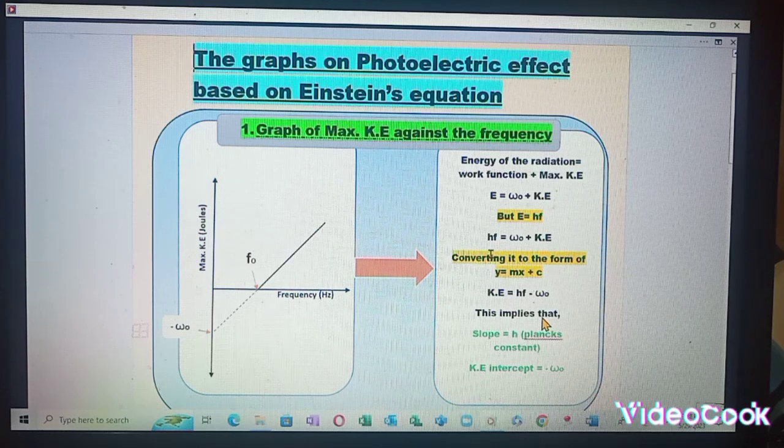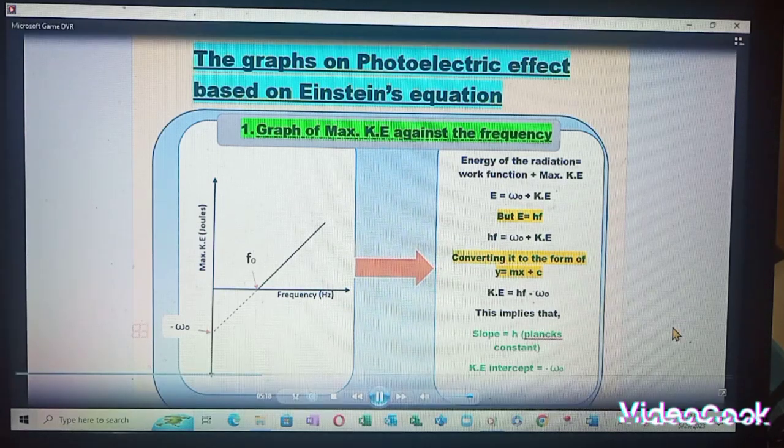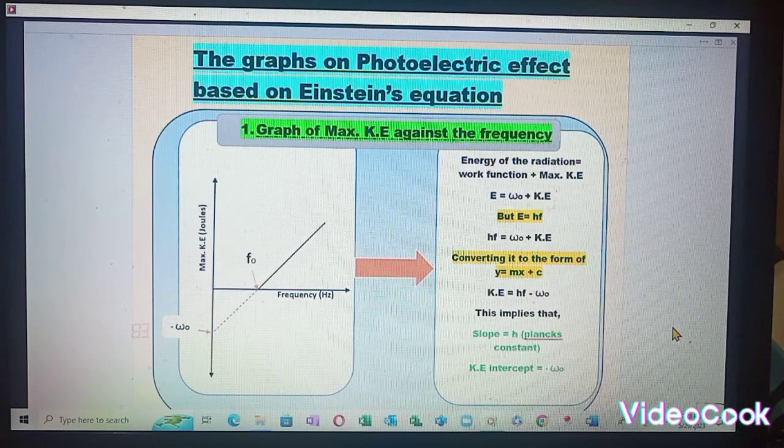So E can be replaced by hf, because our interest is to rearrange this equation in the form y equals mx plus c. So we need to have kinetic energy as the subject of the formula.